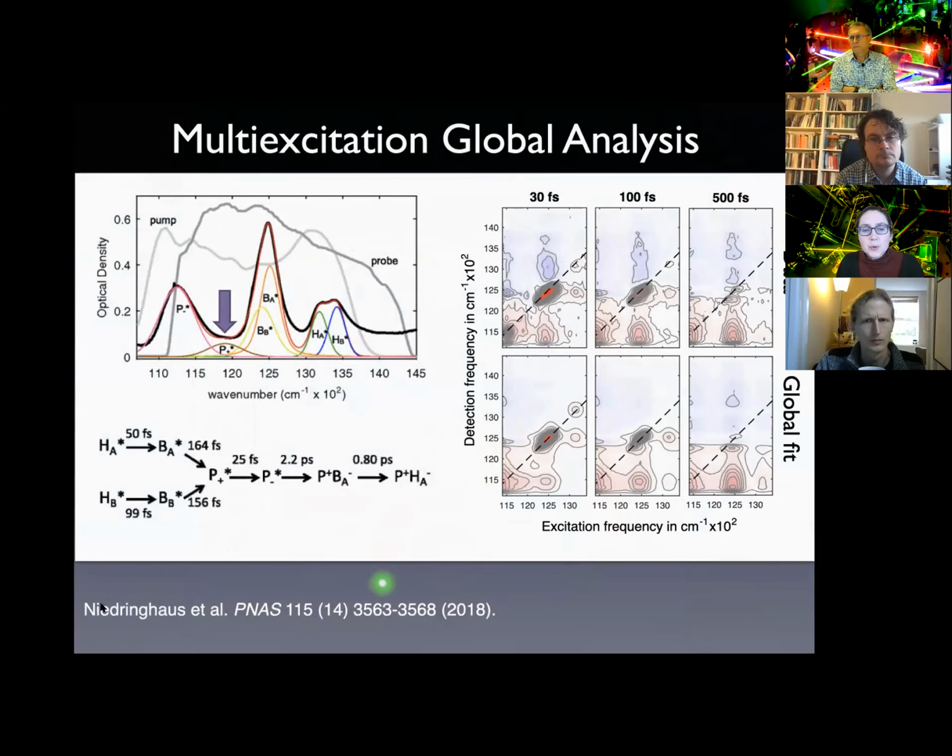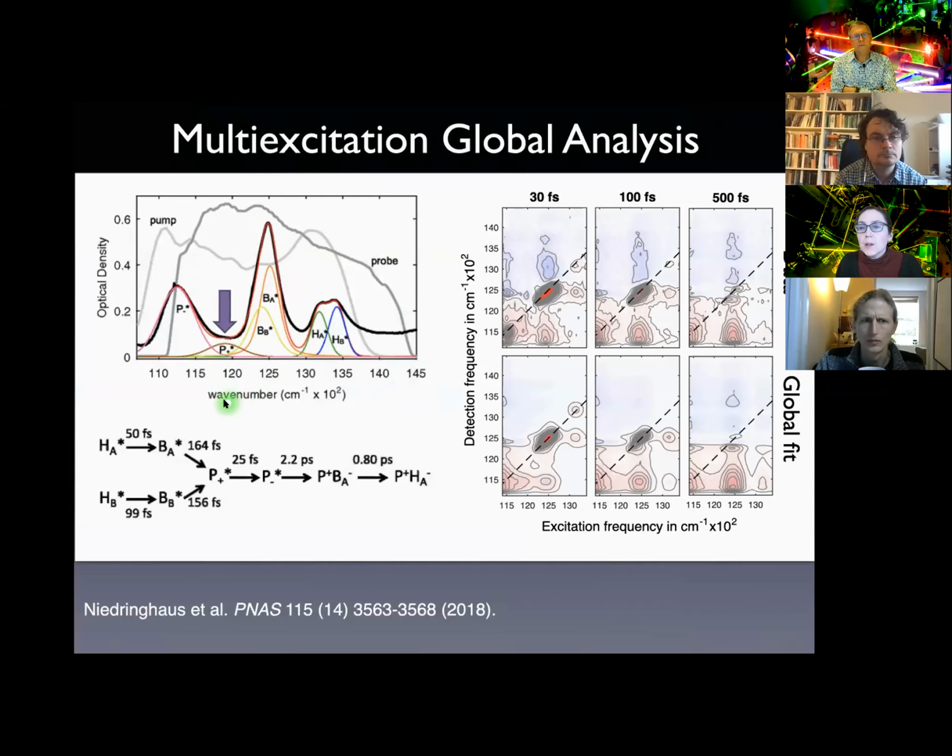Okay, so we have previously published work in PNAS on the kinetic analysis of this data set. And we used an approach of multi-excitation global analysis that was pioneered by Donatas Zigmantas's group for describing energy transfer in FMO. Here we extended that approach where, with this system, we know pretty much what the excitonic model should look like, not exactly where the transitions are.